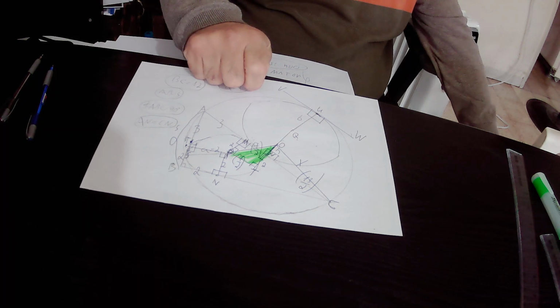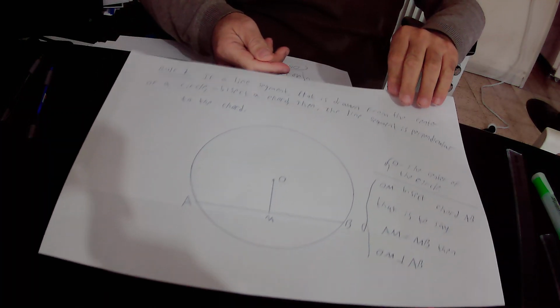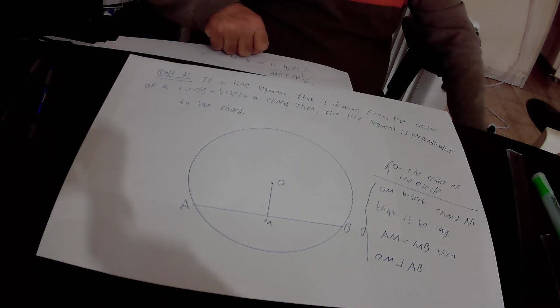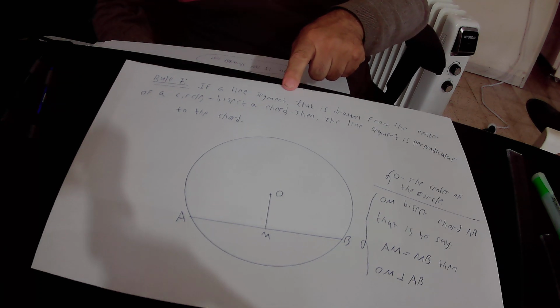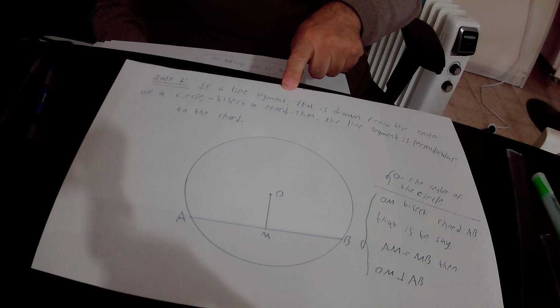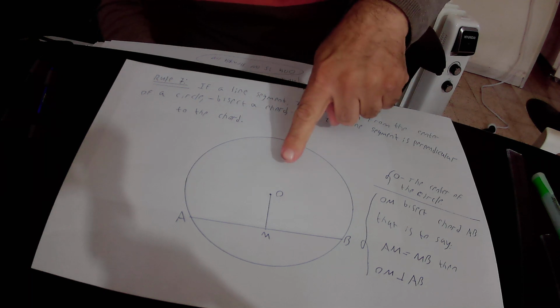According to rule number 7, if a line segment that is drawn from the center of a circle bisects a chord, then the line segment is perpendicular to the chord. The center of the circle is point O.